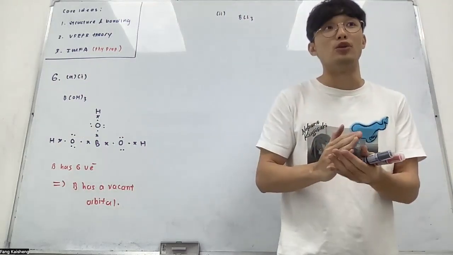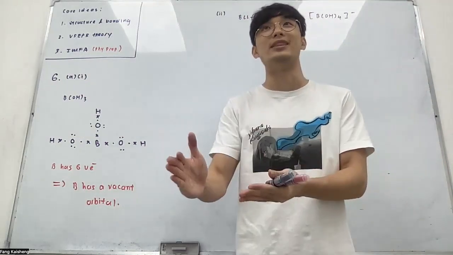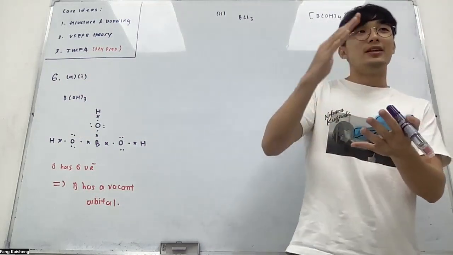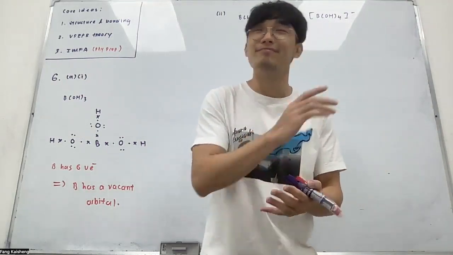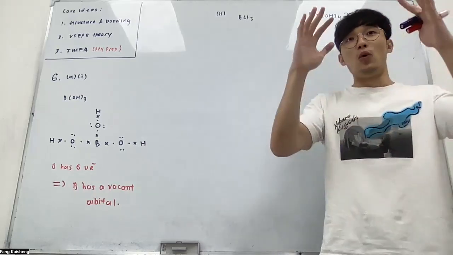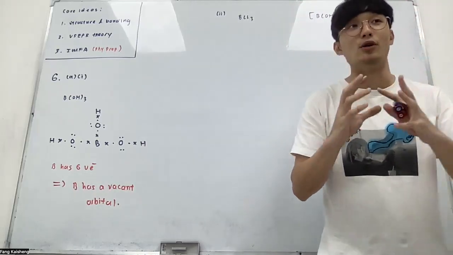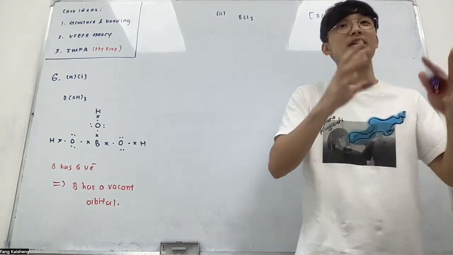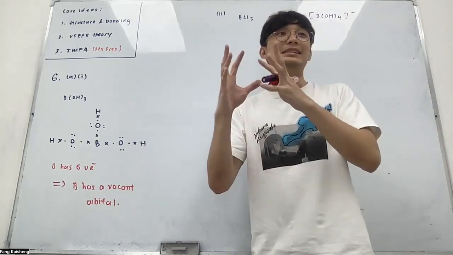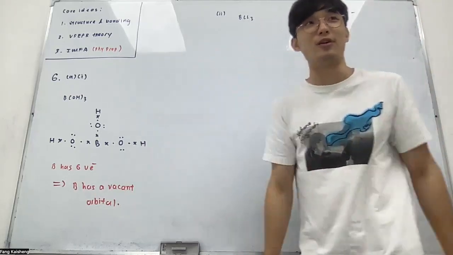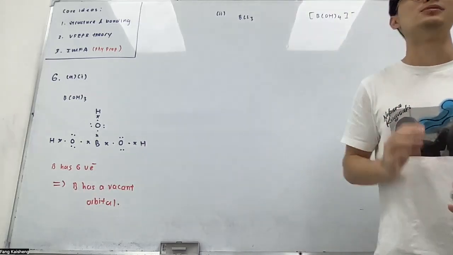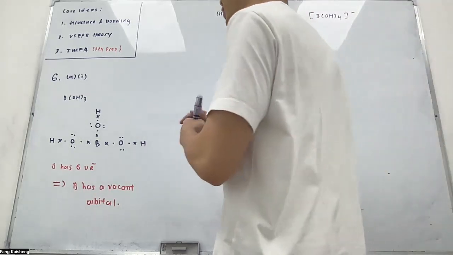But if you minimize repulsions, it means you maximize what? You want to make the compound as less repulsive as possible so that the compound is more stable. Okay, very good. So the whole idea is to maximize stability. That's the overarching idea in chemistry.